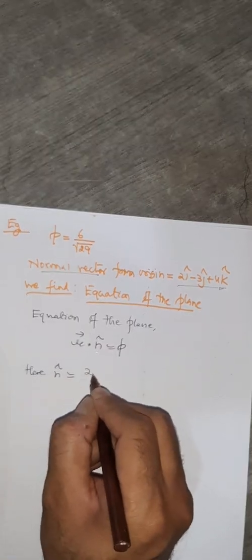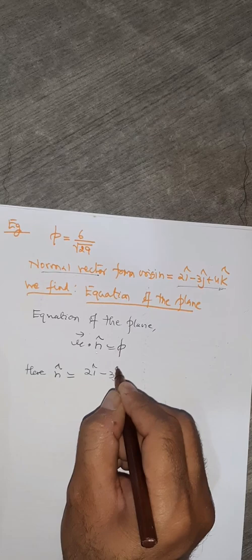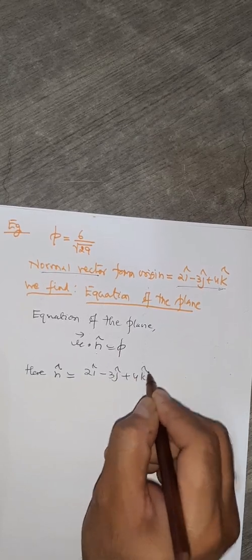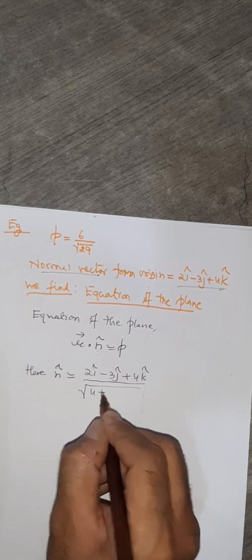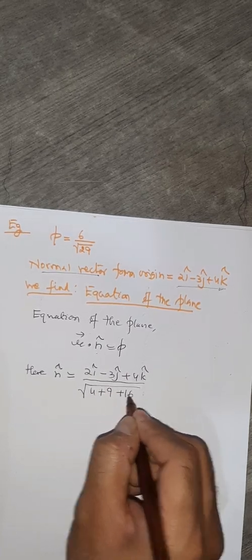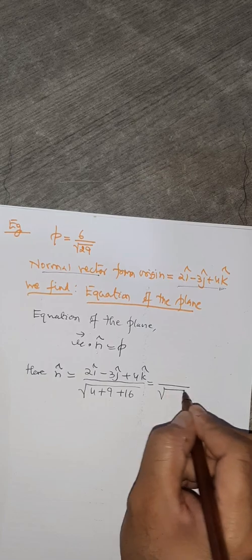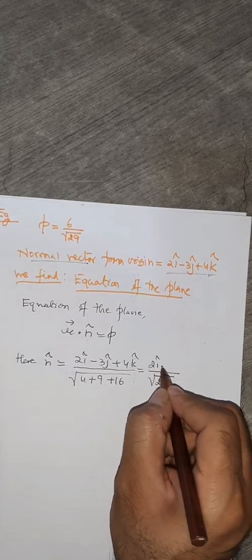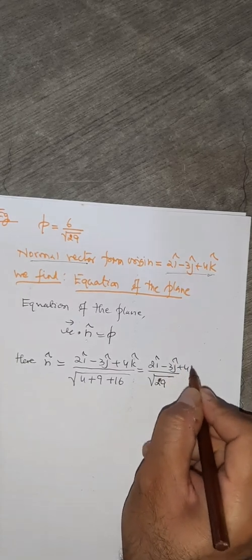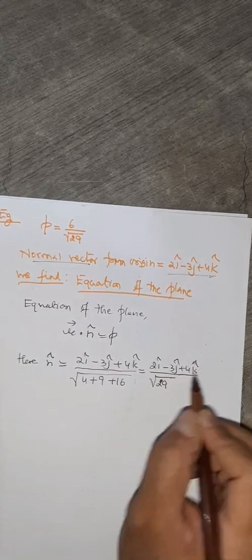That is nothing but 2i cap minus 3j cap plus 4k cap upon its magnitude. What is its magnitude? 4 plus 9 plus 16. So this becomes root 29. So root 29 upon you have 2i minus 3j plus 4k. Right? So this is the unit normal.